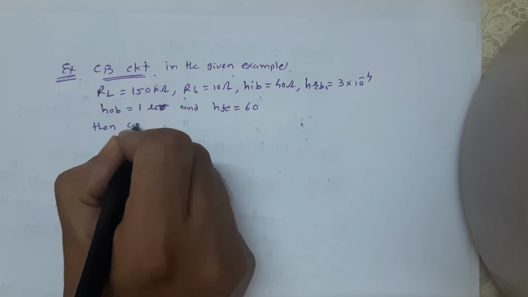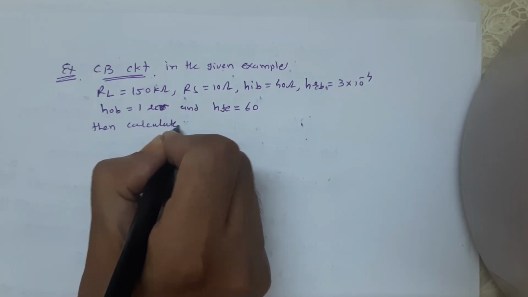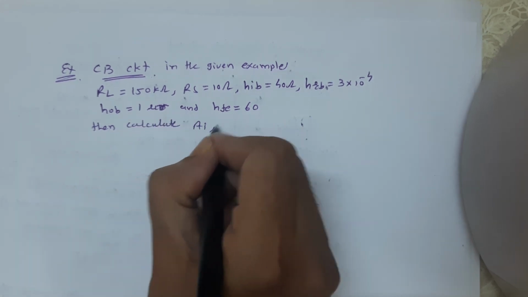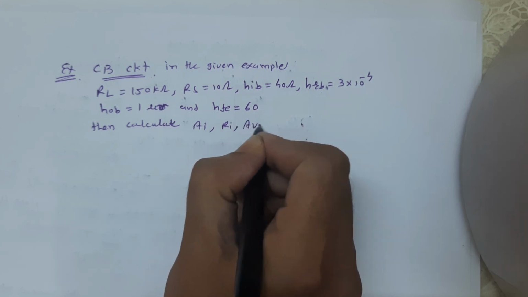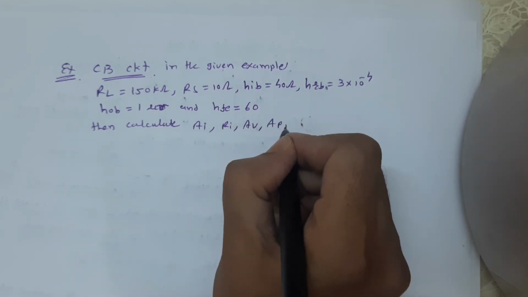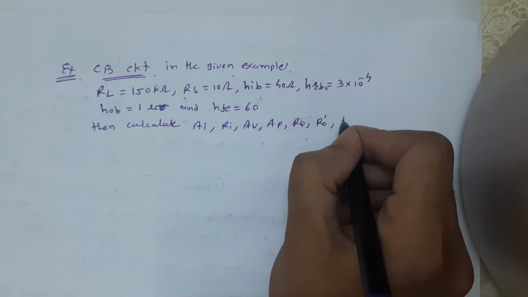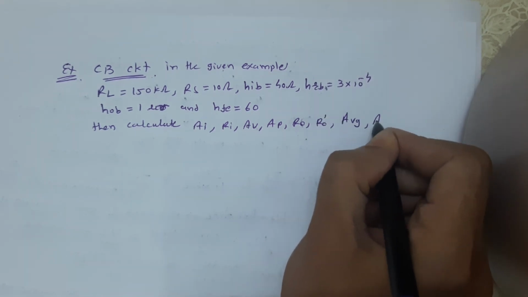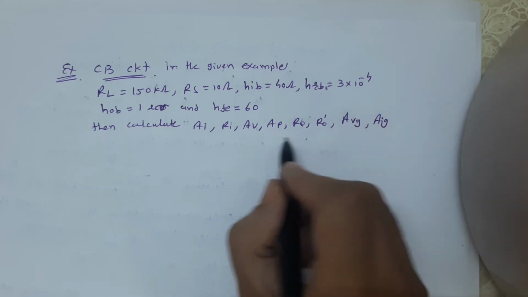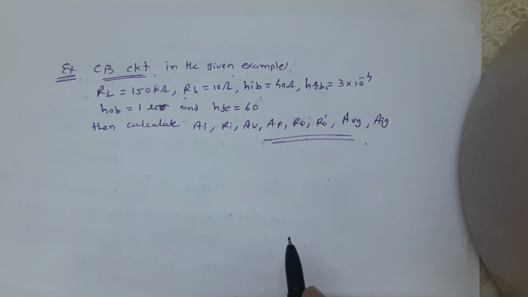Then calculate AI, RI, AV, AP, RO, RO dash, AVG, AIG. Right? Calculate all of this.